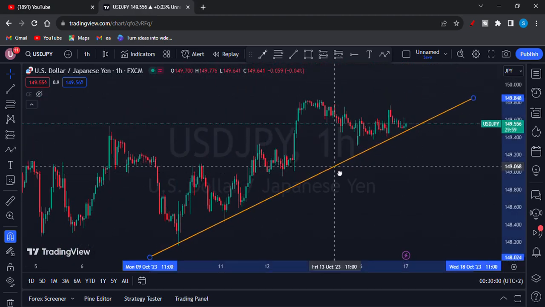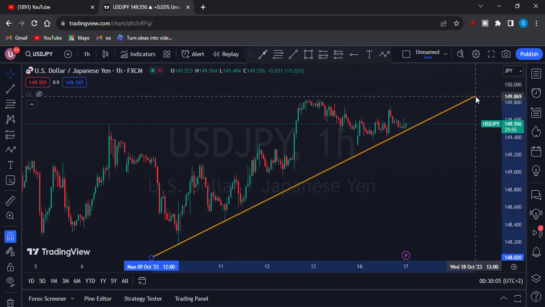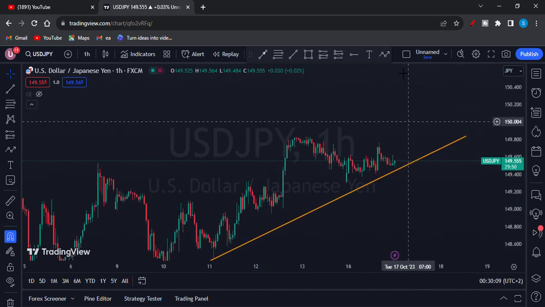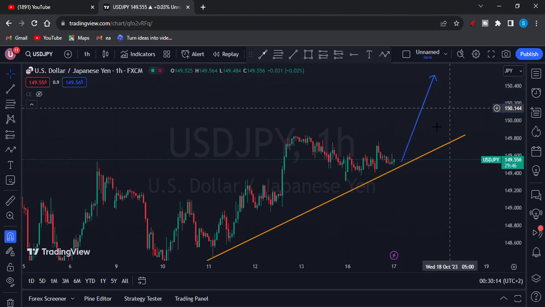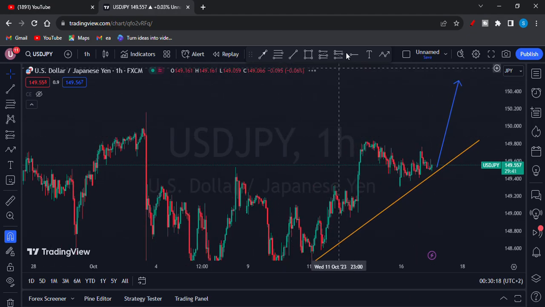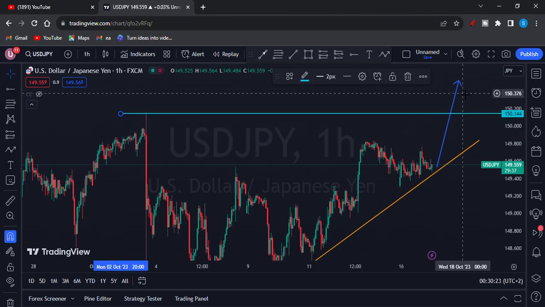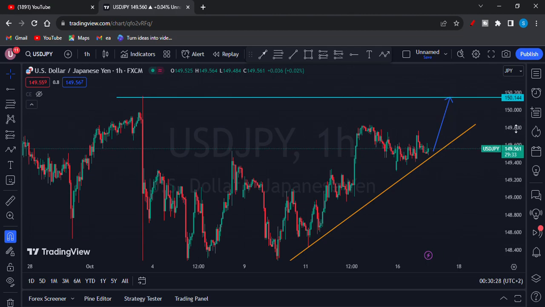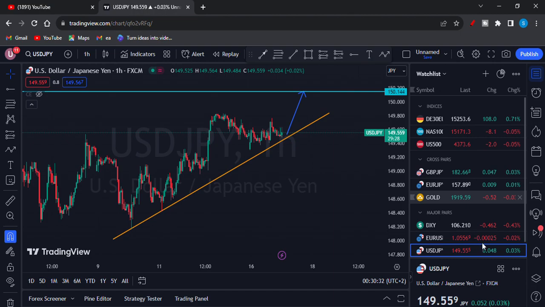Let me just adjust this. Okay, so there's a possibility that we can see a push to the upside, and then my potential TP is going to be, excuse me, right there. So that's my analysis for USDJPY.